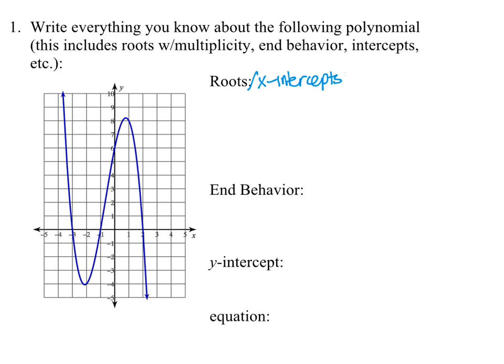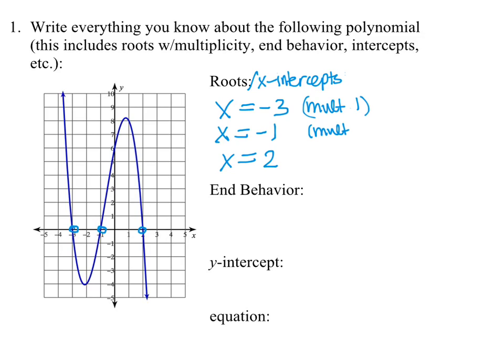So this has three separate roots: x equals -3, x equals -1, and x equals 2. All of these have a multiplicity of 1 because the graph just crosses right through the x-axis.